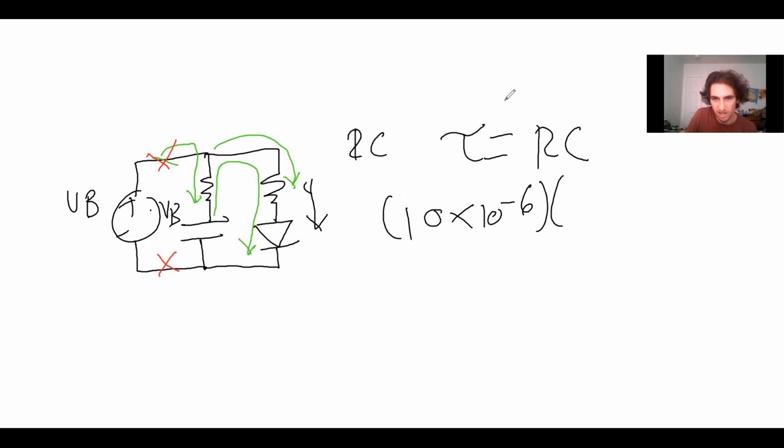So what we can do instead is boost the current using something called a BJT. I'm not going to go into the details right now, I'll go into it in another lesson. But a BJT is a bipolar junction transistor. It's basically a transistor. I don't want to go into the details because you could talk all day about this. But basically what our circuit is going to look like is this.